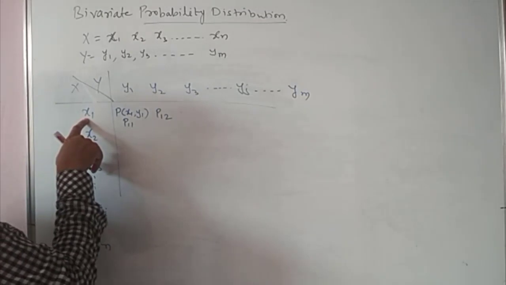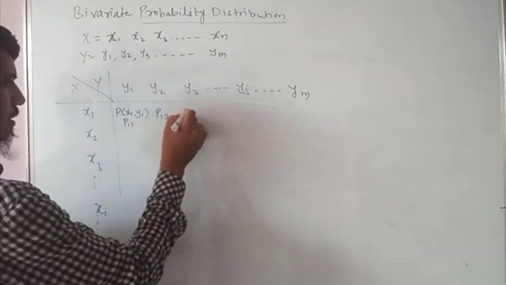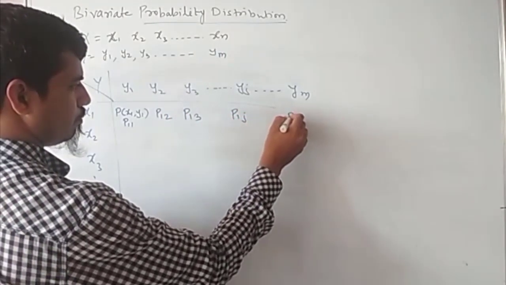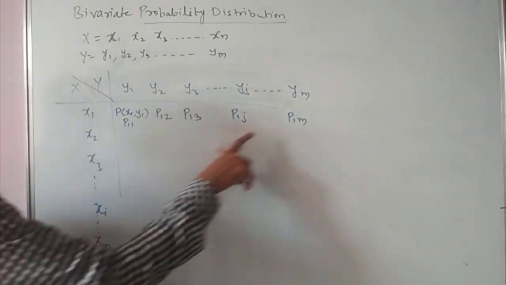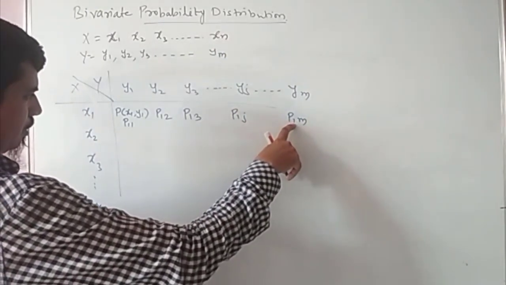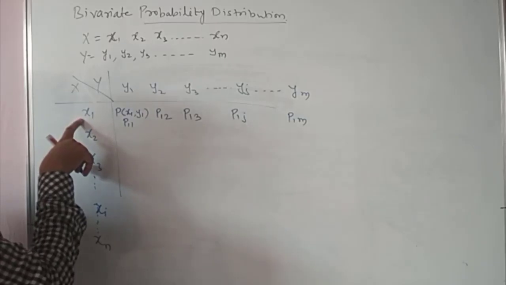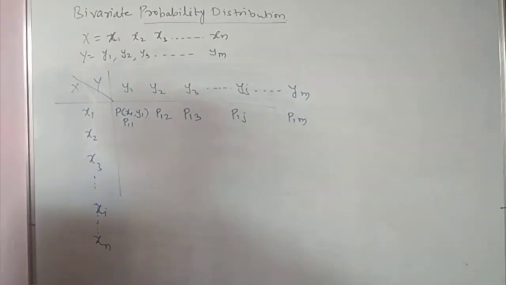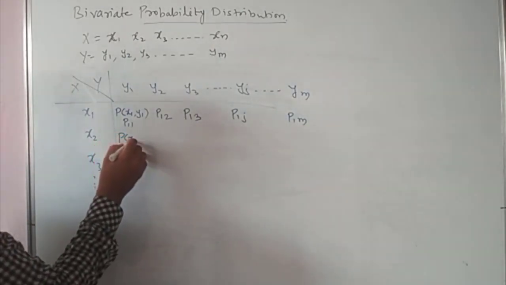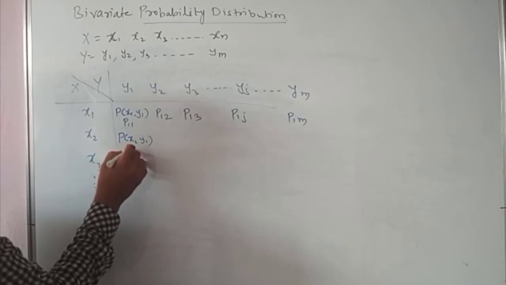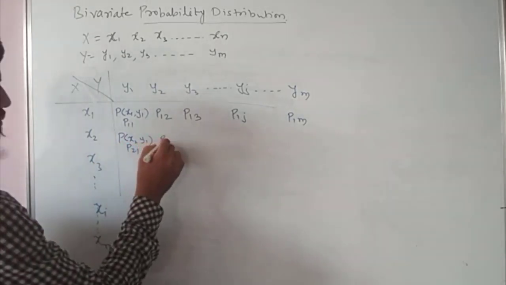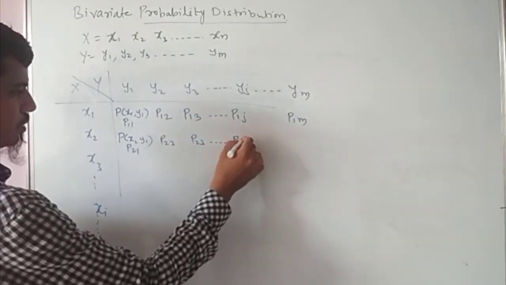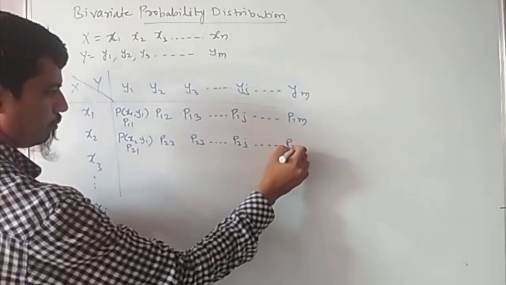The probability that x takes x1 value and y takes y3 value is written as p13, and so on, p1j and p1m. The first index denotes the value of x, the first random variable, that is x1 here, and the second index m denotes the value of y, that is ym. Similarly you can write p of x2 y1, that is p21, and p22, p23 and so on, p2j, up to p2m.